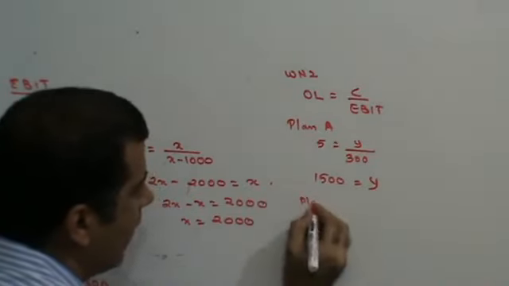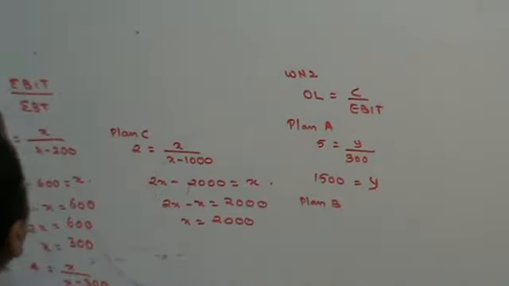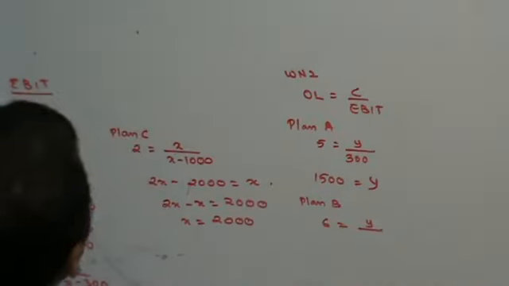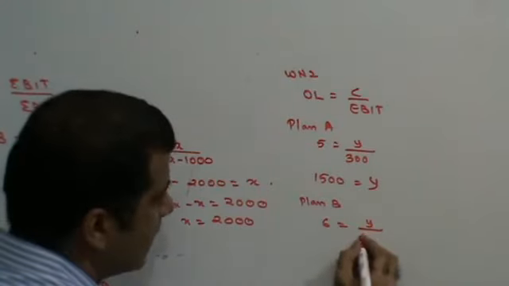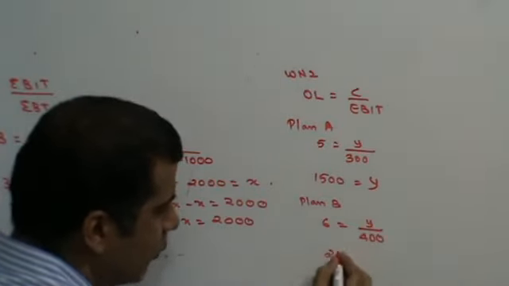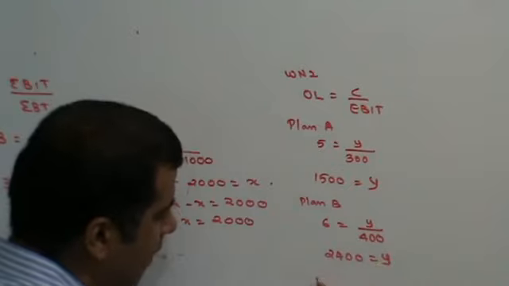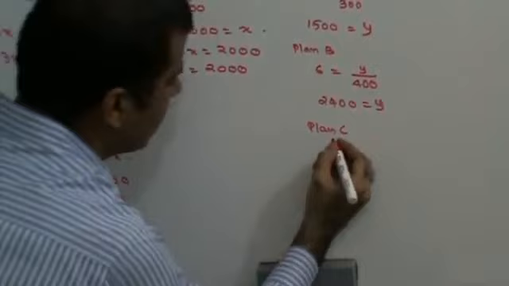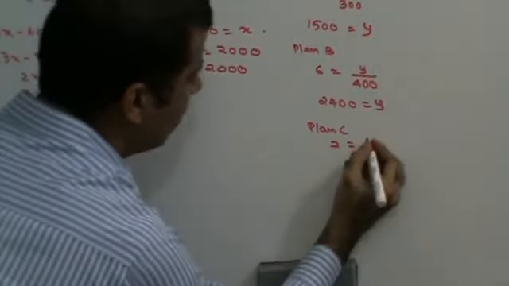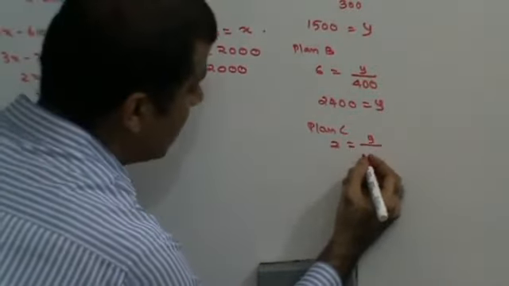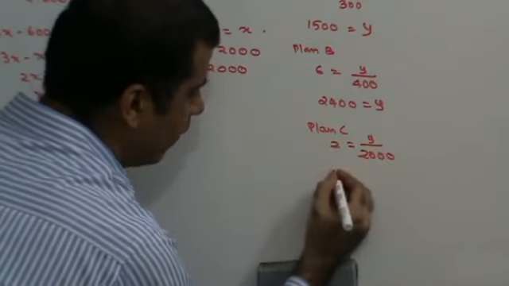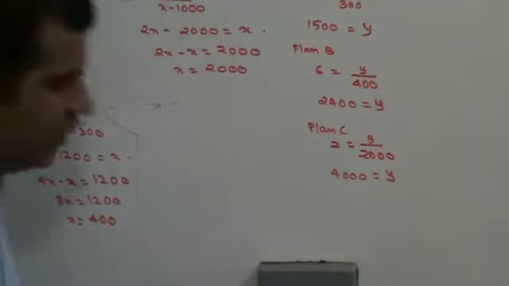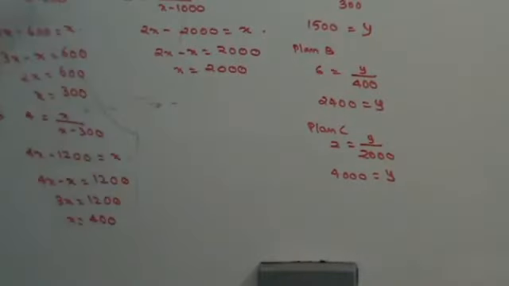Same thing I can do for plan B also. Plan B, operating leverage is 6, equal to Y upon EBIT, which is 400. 6 4s are 2400, equal to Y. For plan C, operating leverage is 2, Y upon EBIT which is 2000, so 4000 is equal to Y. So here we get all the three contributions.